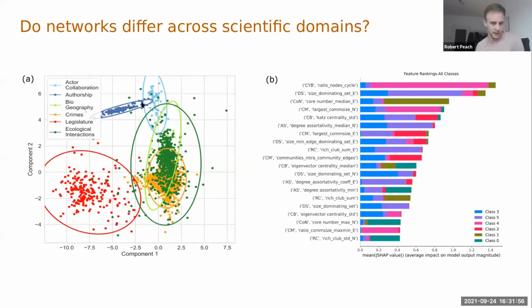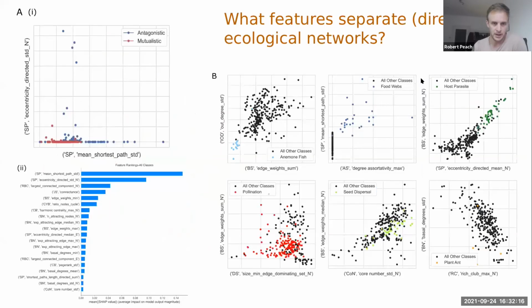If you can clearly visualize them, you can probably easily differentiate them within a machine learning algorithm. And again, we can identify features that are interesting and useful for differentiating these different network types. Not too interesting.